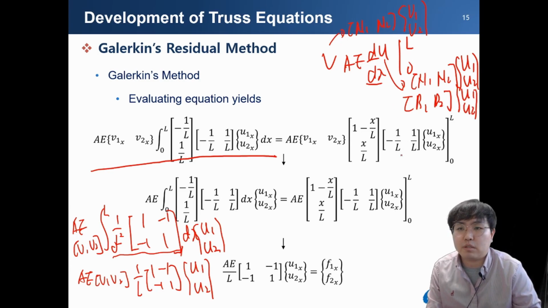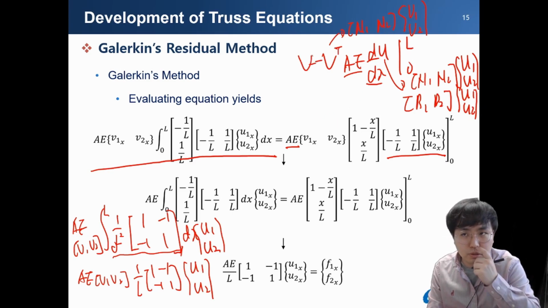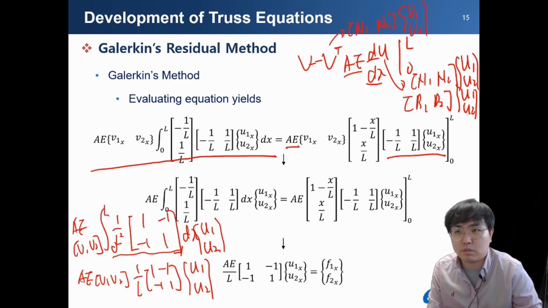For the matrix multiplication, we use a transposed variable, because v and transposed v are always equal, since this is a scalar value. But we use some matrix form, so the transposed vector can be v1 and v2 and n1 and n2. Here n1 is 1 minus x over L, and n2 is x over L. This is the correct form.